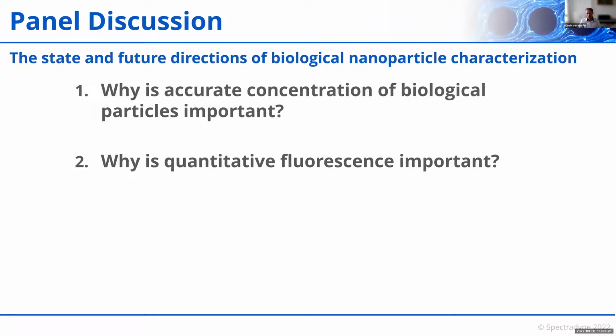But the step to that answer is, of course, a quantitative fluorescence signal. Because if you know how efficient your label binds, etc., you know this biochemistry and biophysics thereof, you could make the step from quantitative fluorescence to an estimate of the number of proteins present on your particle.